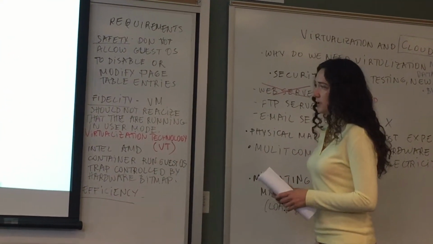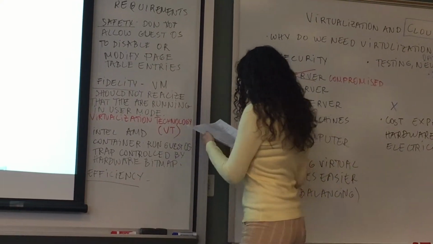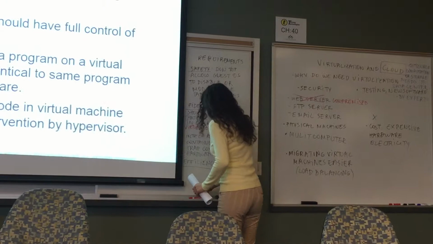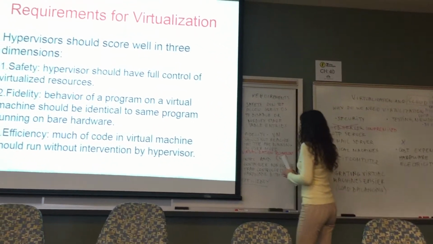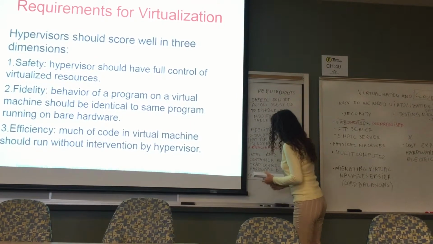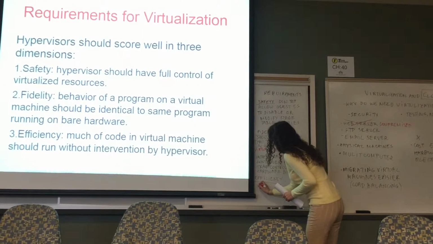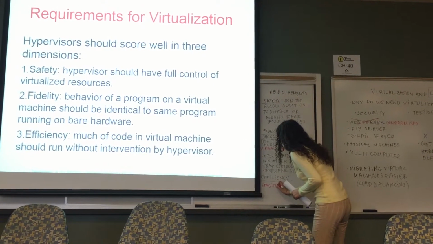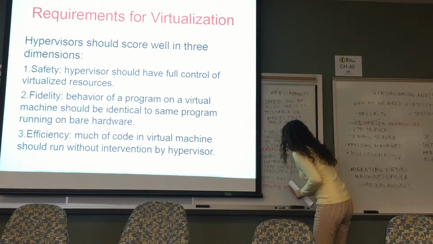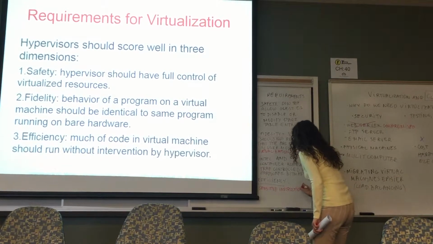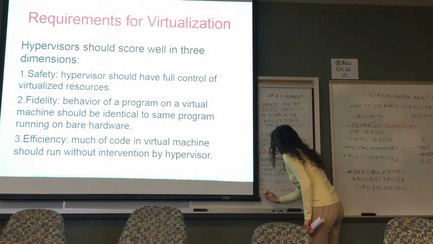So efficiency: when we talk about efficiency, we need to consider two types of instructions. We have what is called sensitive instructions, and privileged instructions.